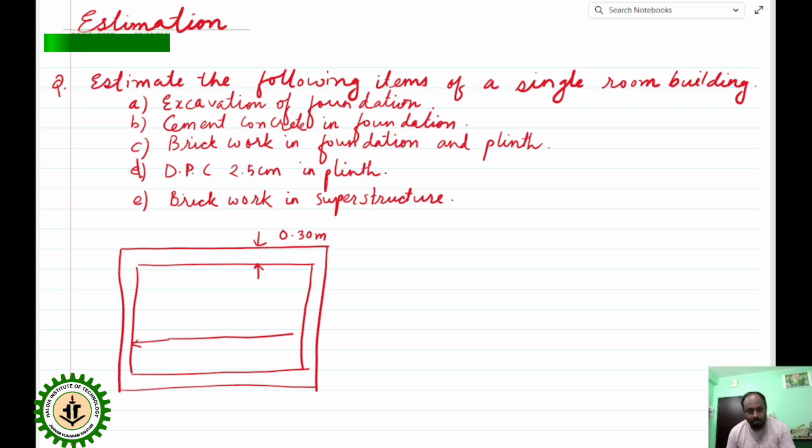The distance of long wall is 8 meter and short wall is 5 meter. Okay. And now the foundation depth. This one is the structure. This one is the interior.